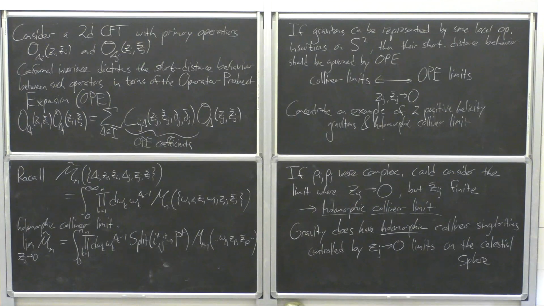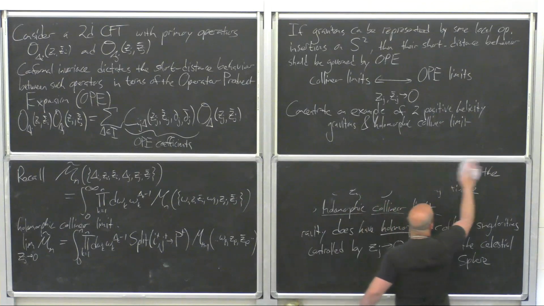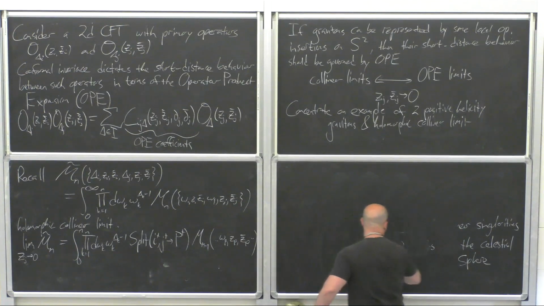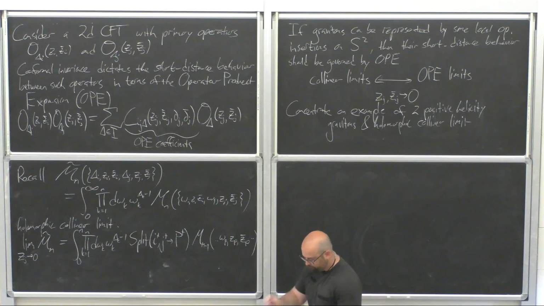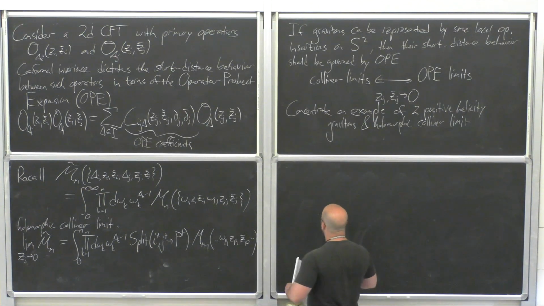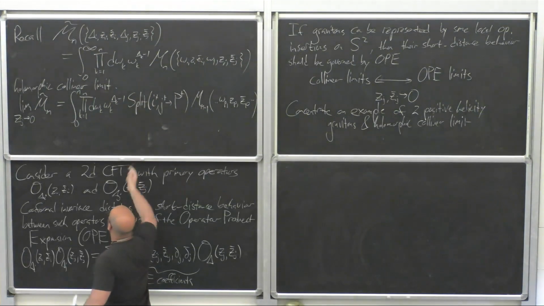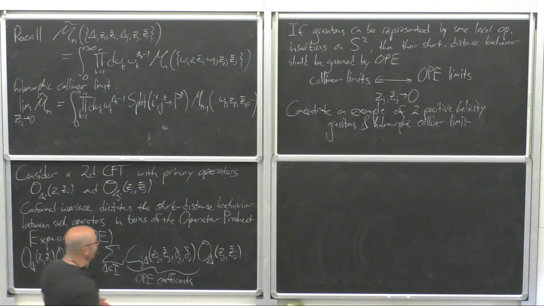Okay? So now it's clear that only two of these Mellin integrals are interesting in this collinear limit, the one for omega i and the one for omega j, the two collinear particles.